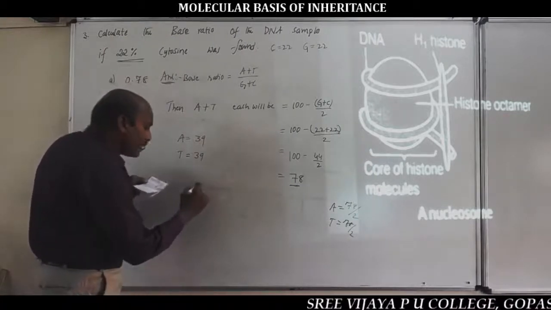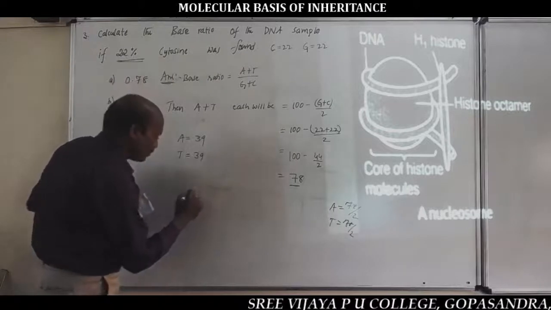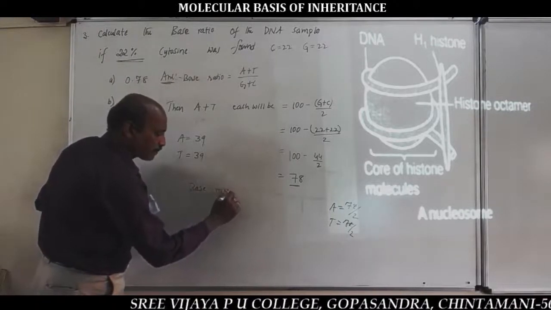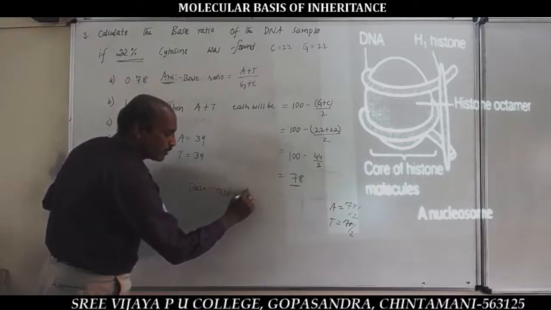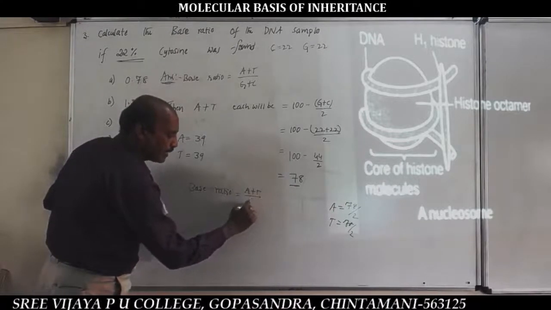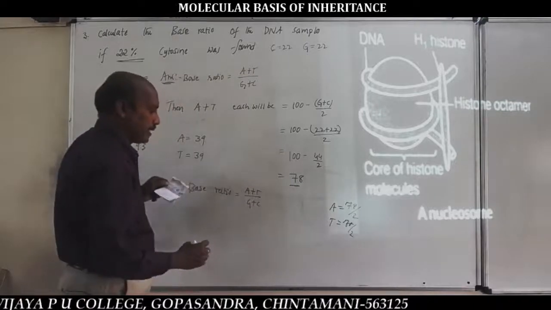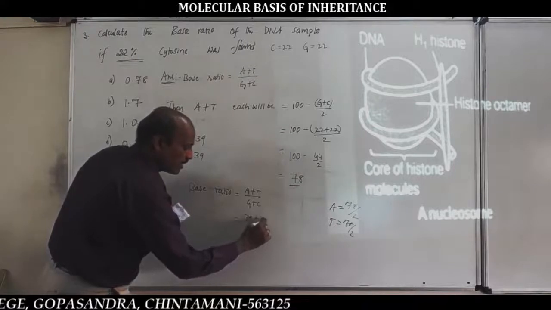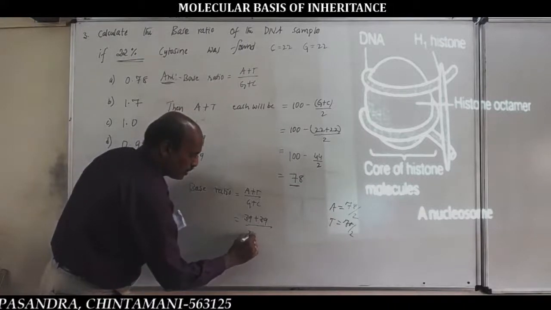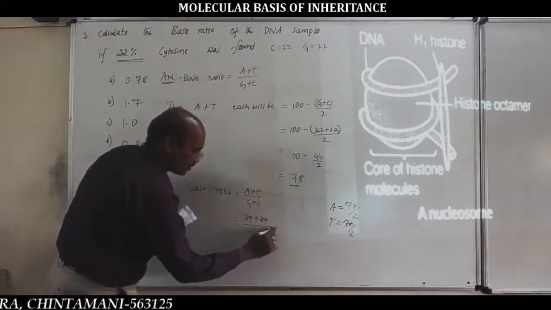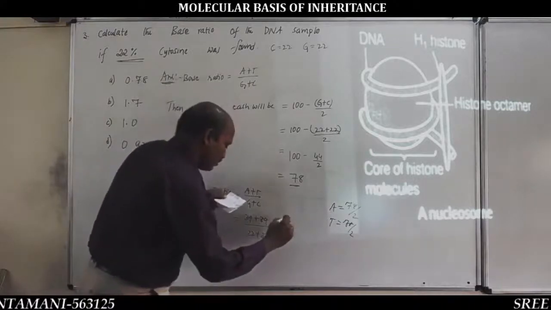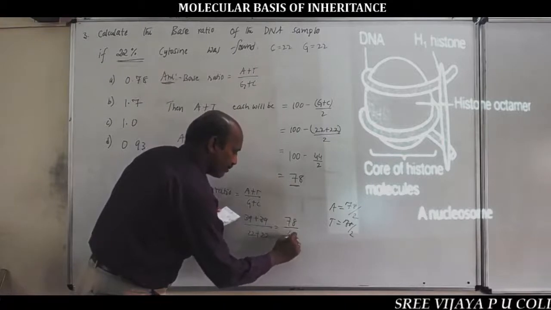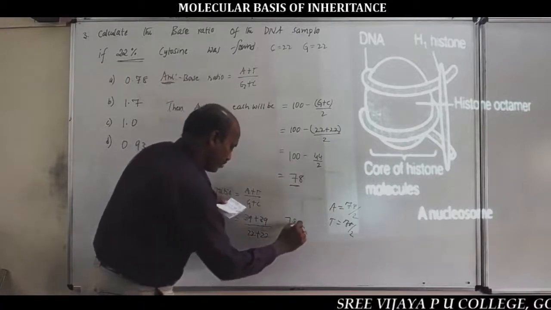Base ratio equals A plus T by G plus C, that is 39 plus 39 by 22 plus 22, which is 78 by 44.